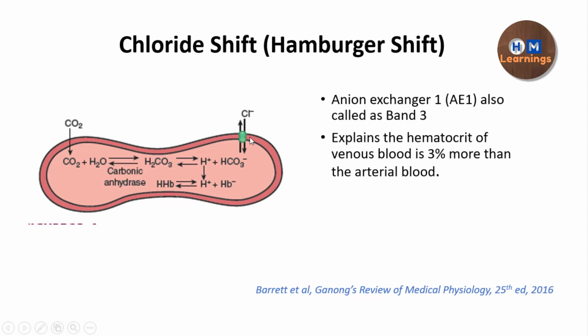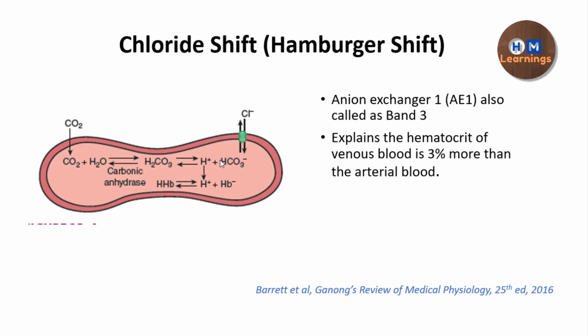Because chloride enters inside the cell, and we know that chloride is osmotically active, it leads to osmosis of water into the cell, leading to swelling of the RBC, and that is why the hematocrit of the venous blood is 3% more than the arterial blood.